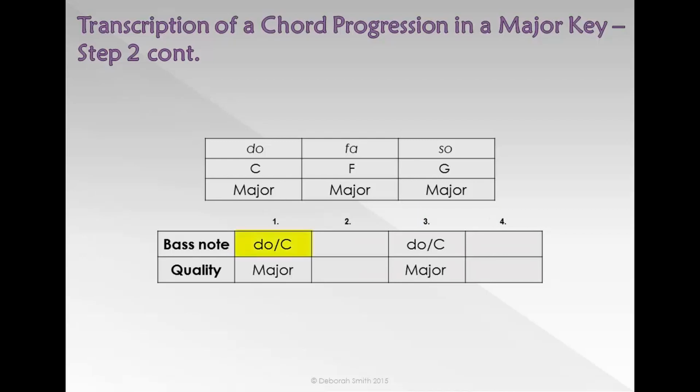Did you hear the bass note go up from the 1st to the 2nd chord? Did you hear it go up a moderate skip or a moderate leap? It went up to Fa. Listen once more and work out what the final chord is if you've not done so already.